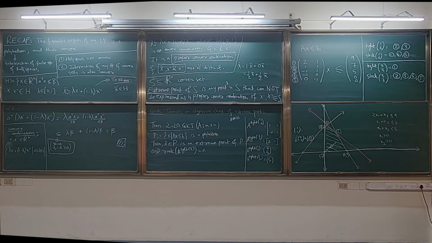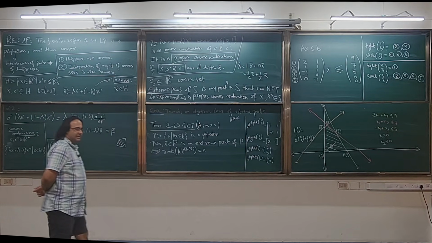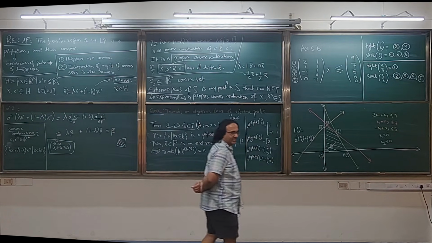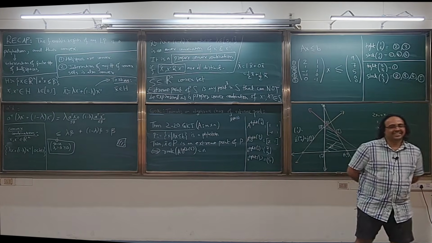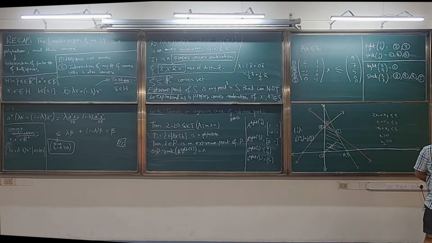And now, let's go back to your question. Supposing you know this to be true, now can you convince somebody that a point is actually an extreme point? Yeah, now it's easy, right?